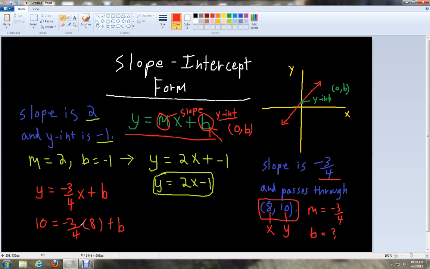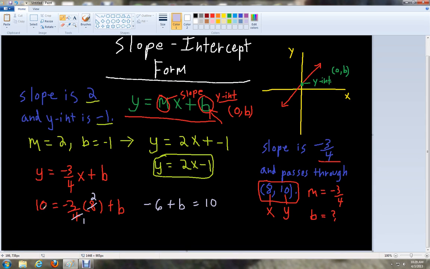The way we solve for b is we multiply negative 3/4 times 8. You can do a little canceling: the 4 goes into 8 2 times, and negative 3 times 2 is negative 6. So we'll have negative 6 plus b equals 10.